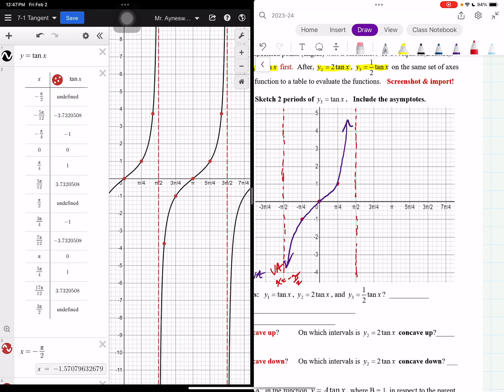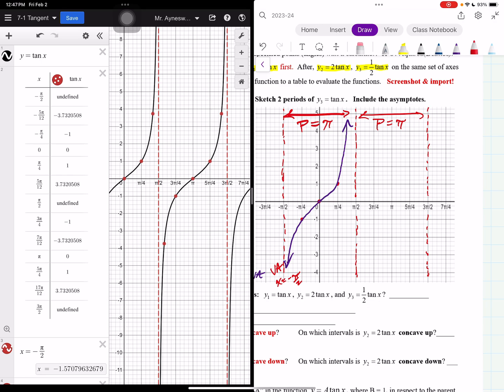So switch to red. The distance between the asymptotes is the period of the function. Okay, so between negative pi halves and pi halves, well, guess what? That's pi radians. So the period of this function is actually pi radians. Okay, it repeats every pi radians.